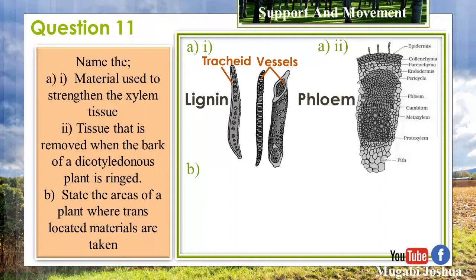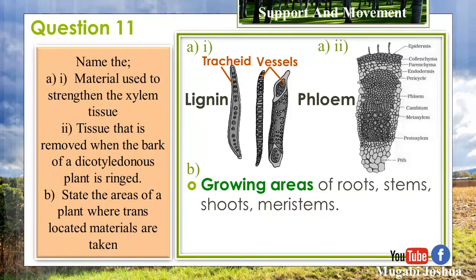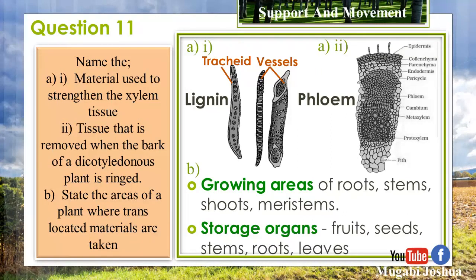The translocated materials are located in the growing areas of roots, stems, shoots, meristems, and they are also taken to the storage organs like the fruits, seeds, stems, roots, and leaves.